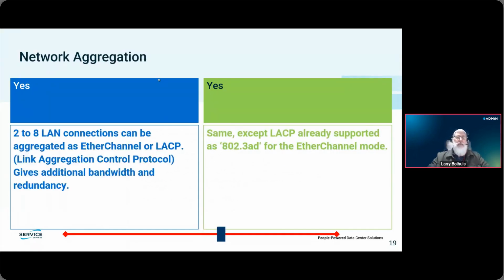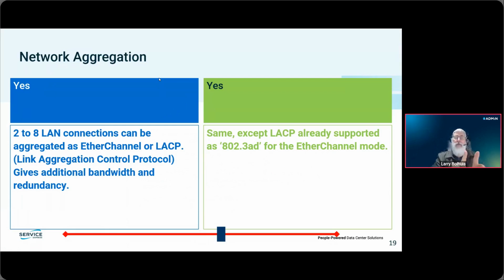Network aggregation. So what is this? Network aggregation, for those of you that don't know what that is, Ether channel and LACP is a specification that basically Ether channel started with Cisco. And they said, how about we take more than one physical connection and logically we treat them as if it's one connection.